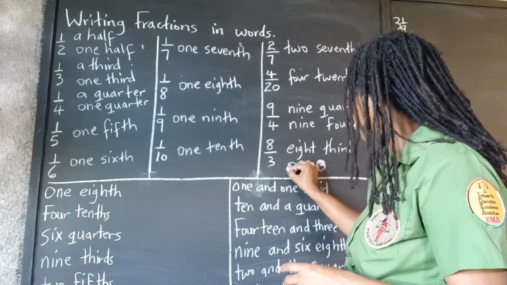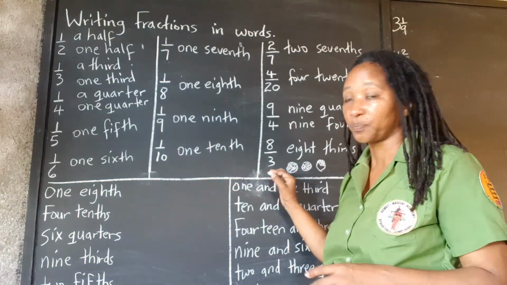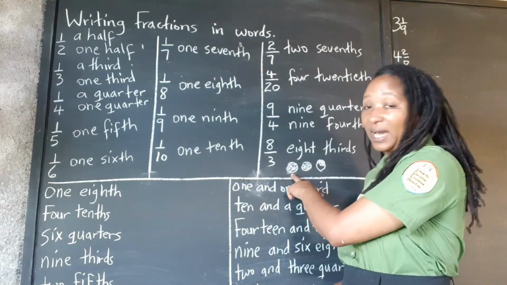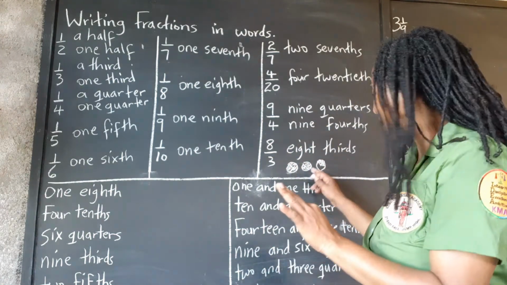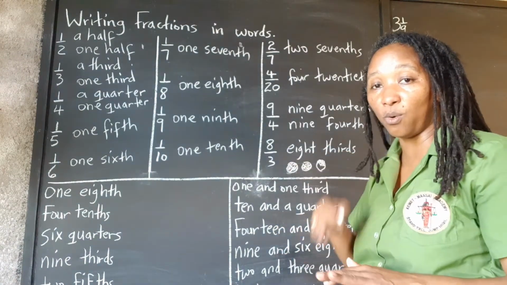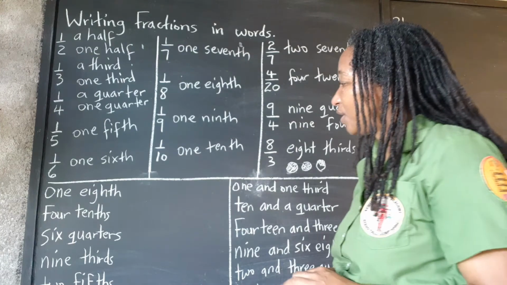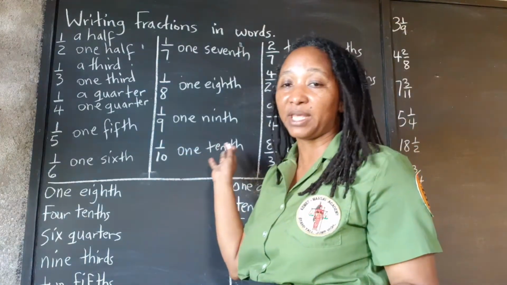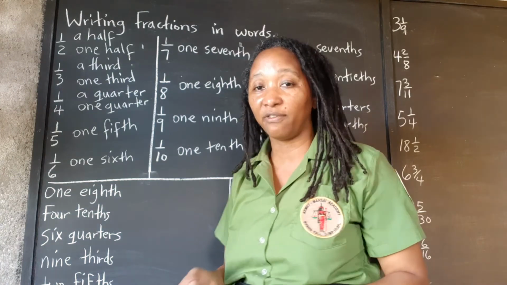So that's what this means. It's an improper fraction, 8 thirds. So we have 1 whole divided into 3 thirds. That's 3 of them, plus another set, that's 6, and then 2 more from a whole. That's 8 thirds. Alright, so now let's just recap these before we write the words in numerical form.